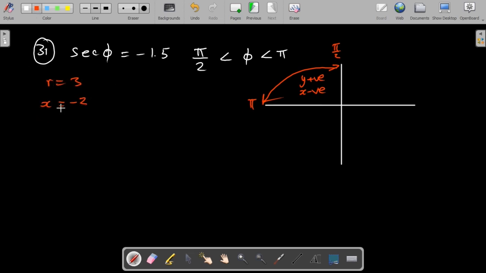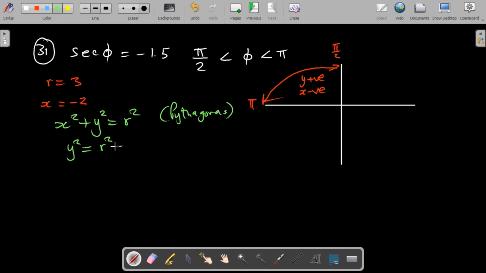To do that, we're going to use the Pythagoras theorem. It says x squared plus y squared equals r squared. We're going to substitute. We're looking for y, and we already established that y is positive, so we're going to discard anything which is negative in our answer.